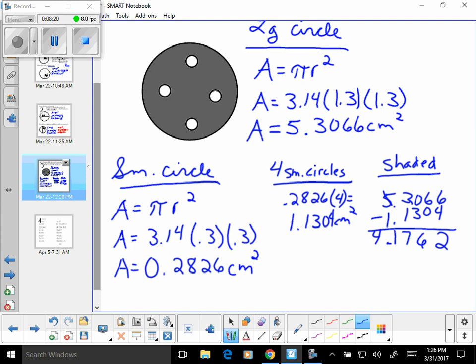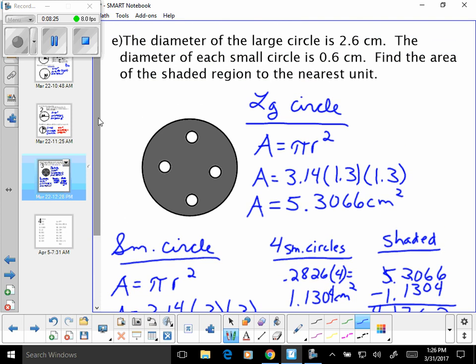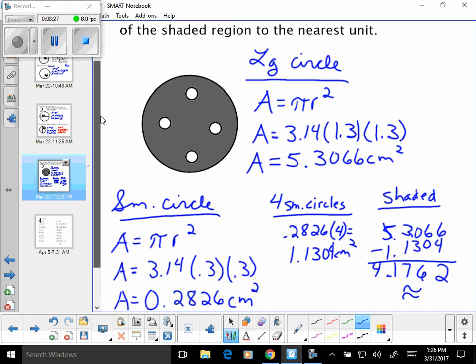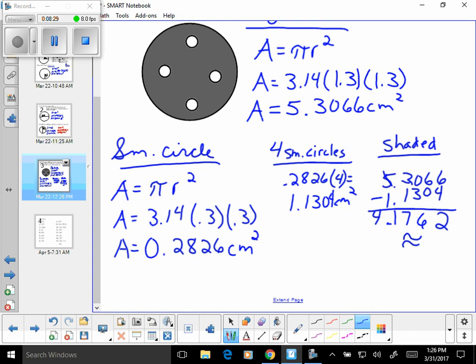Now I need to round that off, because remember, my original directions were nearest unit. So if I have 4.1, that's going to be approximately 4 centimeters squared.